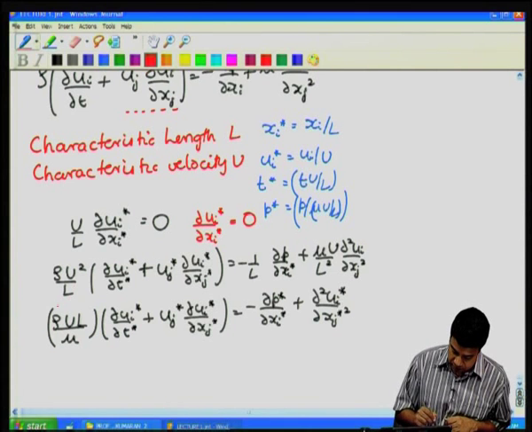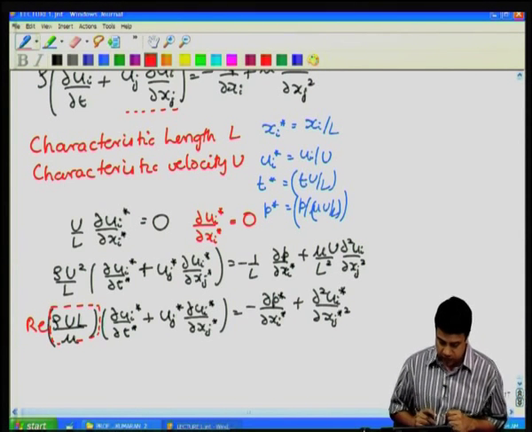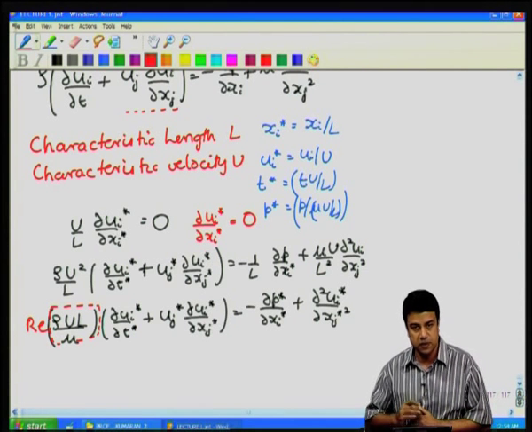This, as you all know, is the familiar Reynolds number. Re times the inertial terms is equal to minus the pressure gradient plus the viscous terms in the conservation equation.